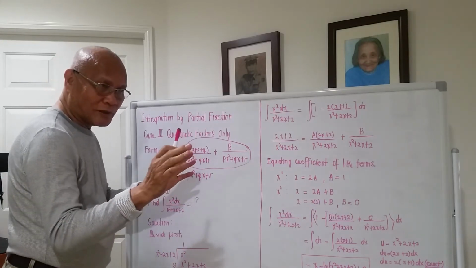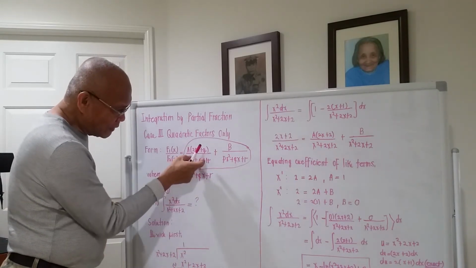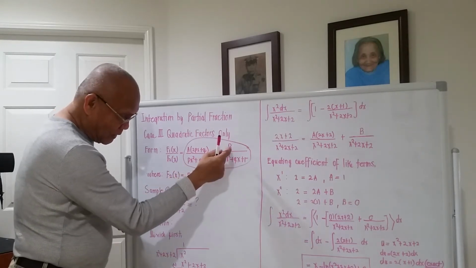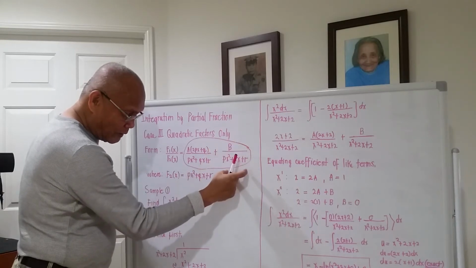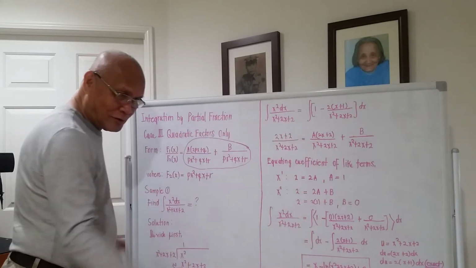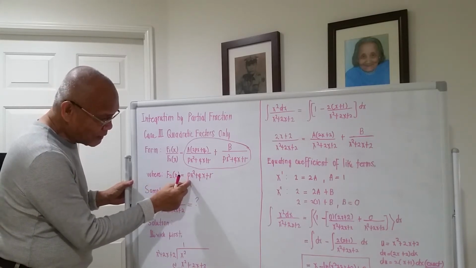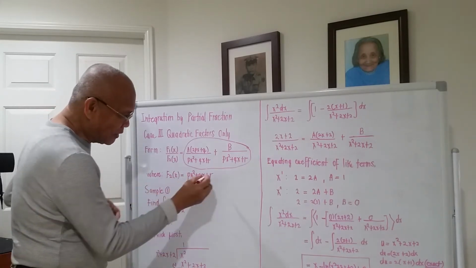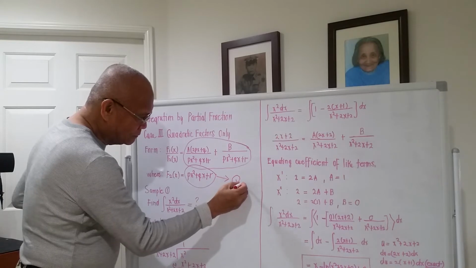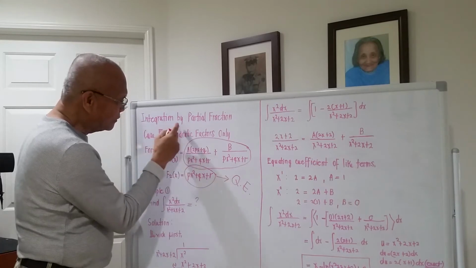If you try to resolve that quadratic factor, the equivalent will be a times the quantity 2px plus q all over the given quadratic factor, plus a second constant b all over the given quadratic factor. Quadratic meaning the equation is a quadratic equation, where the value of f2 of x is px squared plus qx plus r. That's why our topic is quadratic factors only under partial fraction.